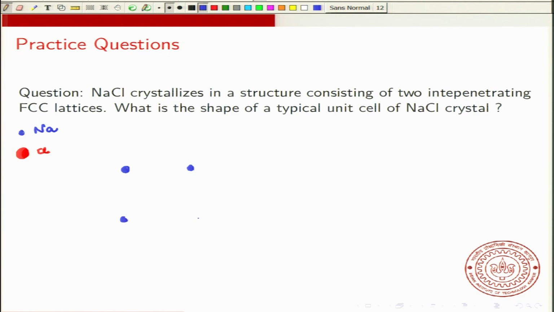It is a classical ionic crystal, where the sodium ions form an FCC lattice.